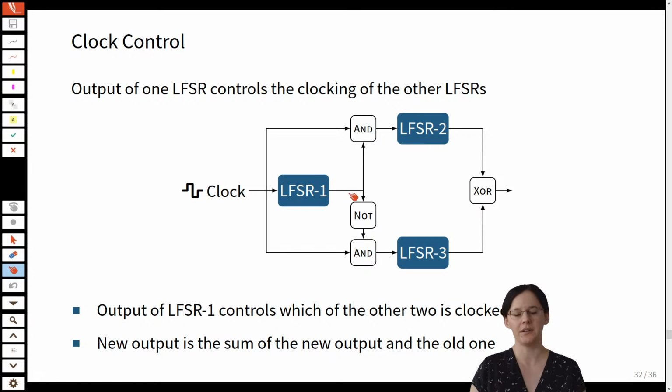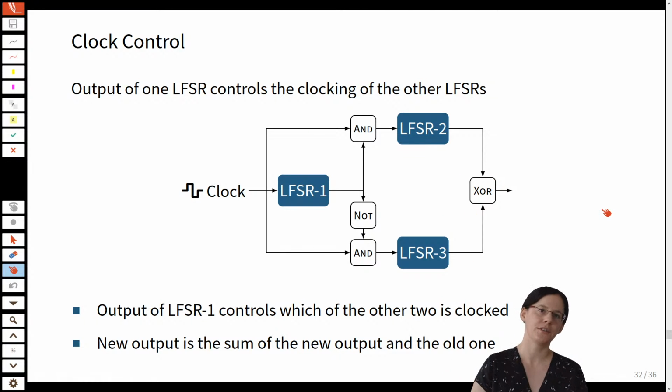So if the bit is 1, then you step forward one position and take the output bit of LFSR 2 for the output. And if the bit is 0, you instead clock LFSR number 3 and take the output bit of that LFSR for the output. And otherwise, the one that is not clocked, you will repeat the previous value. That's the idea in this construction here.